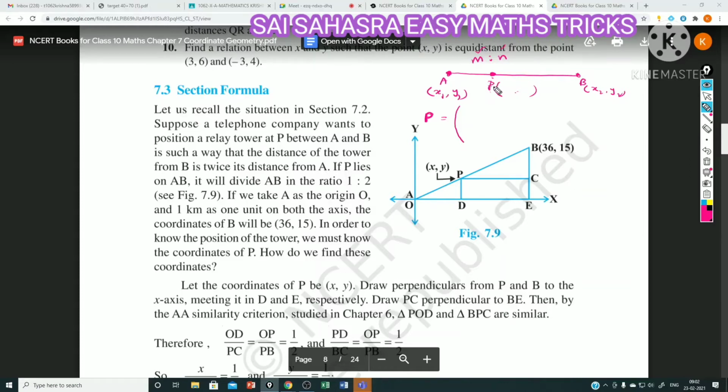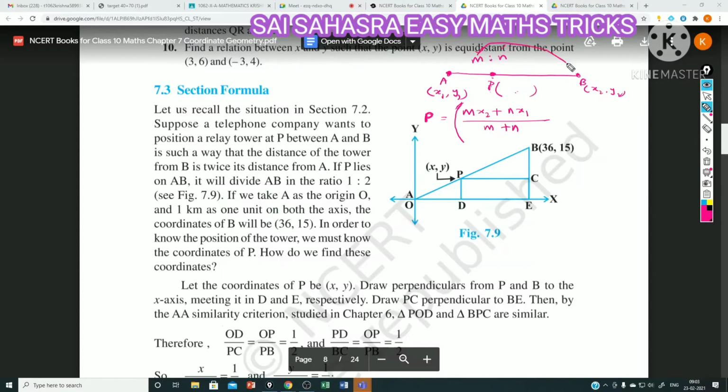P is one point, no? Point means every point is having some x coordinate and y coordinate, no? Yes or no? So, bracket open. In that first I am writing the x coordinate. How am I writing? (m x2 plus n x1) by (m plus n). Did you observe that? I am writing the x coordinate only.